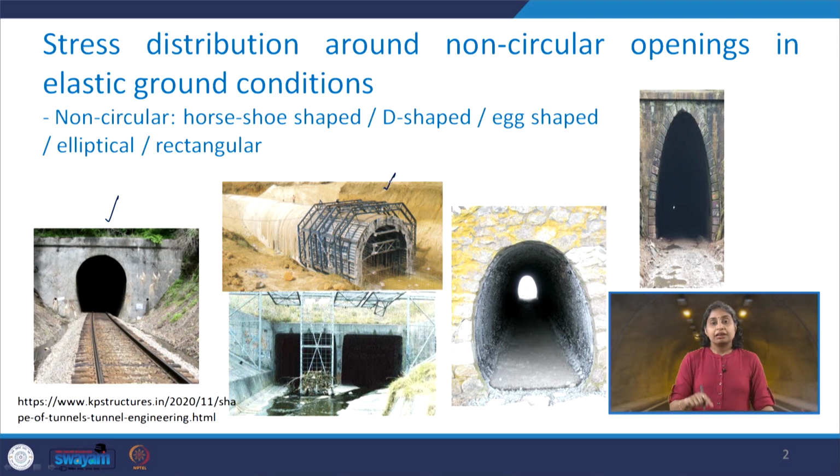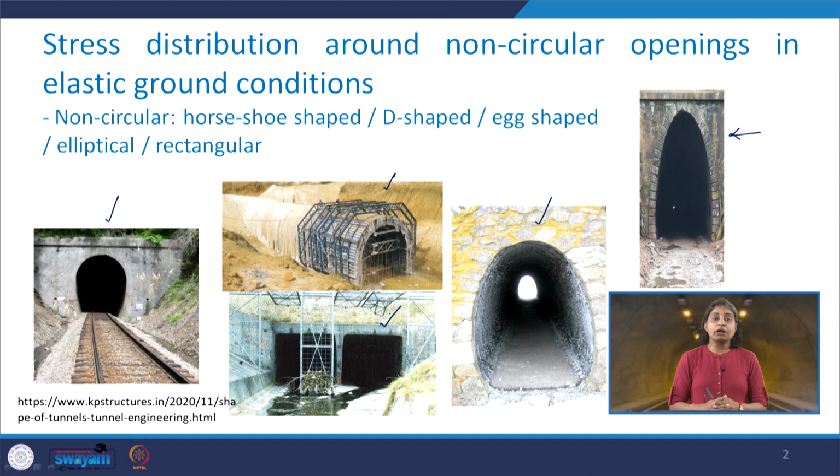This looks like the shape D, so this is called a D shaped tunnel. This is an egg shaped tunnel, while this one gives you the idea of how an elliptical shaped opening will look. Then this is the rectangular shaped tunnel.